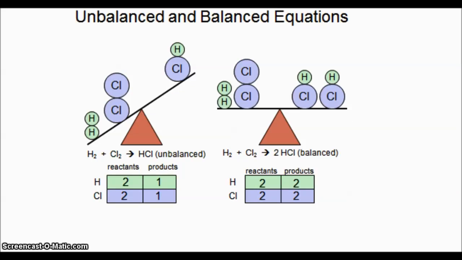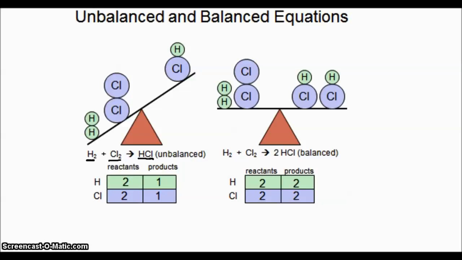Alright, so here's a picture of an unbalanced equation versus a balanced equation. What we have here in this chemical reaction is H2, which is hydrogen gas, plus Cl2, which is chlorine gas. And this is the formula that is produced: it produces HCl. It doesn't produce H2Cl2, it produces HCl.